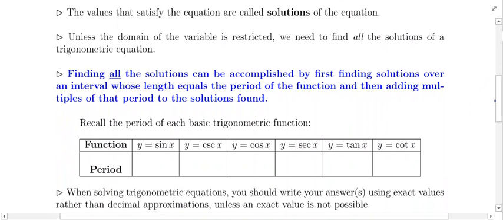Because we know that trig functions are cyclic, they repeat. So if an equation does have a solution, it's probably going to have several solutions. So if you read the blueprint there, it says finding all the solutions can be accomplished by first finding solutions over an interval whose length equals one period of the function, and then adding multiples of that period to the solutions found.